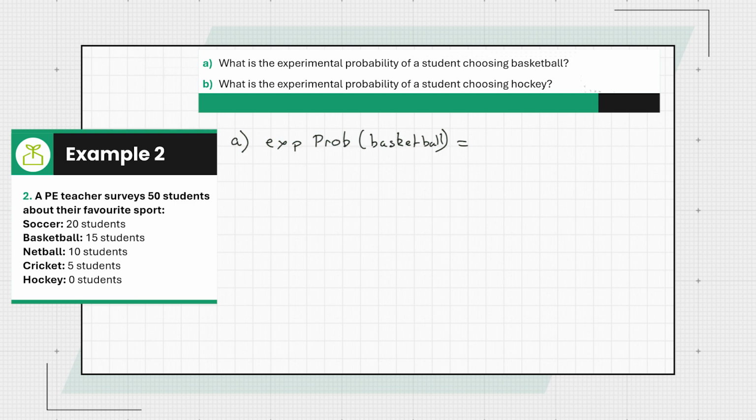So for this one, we have seen that there are actually 15 students who think this is their favorite sport, and there are a total of 50 students or 50 trials. And that simplifies down to being 3 out of a possible 10.